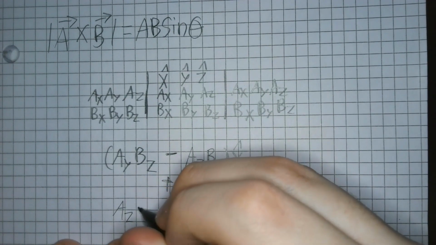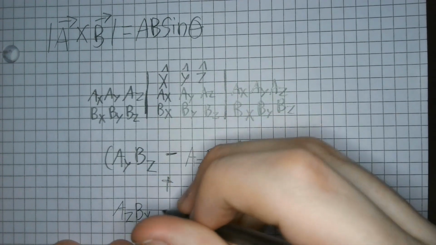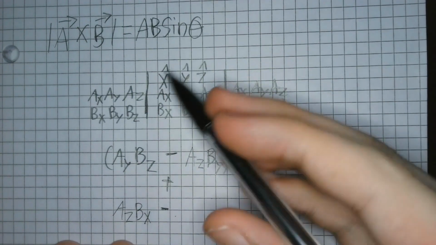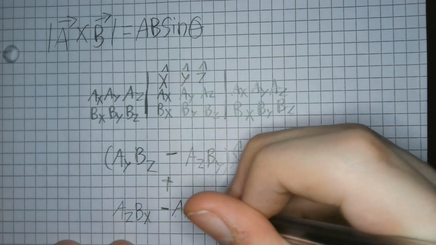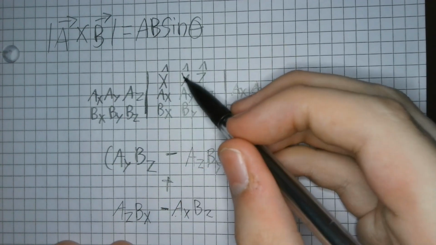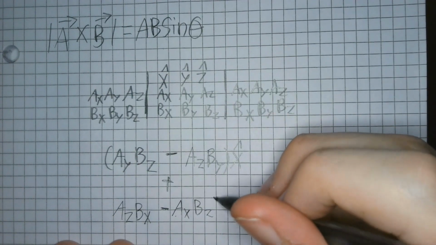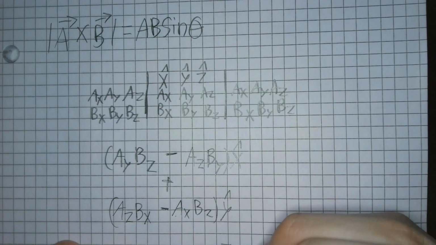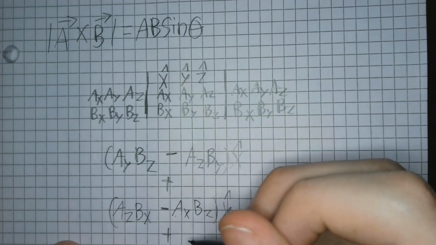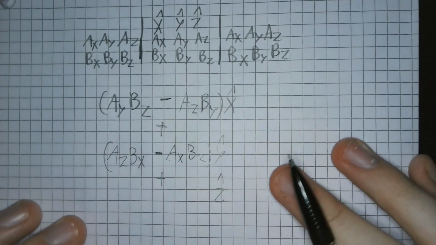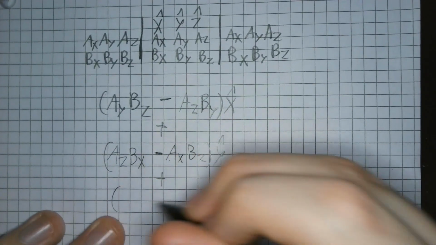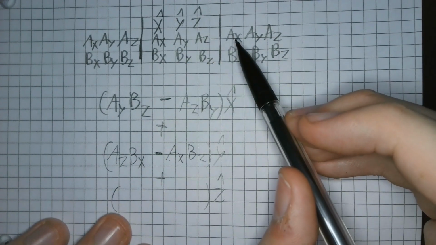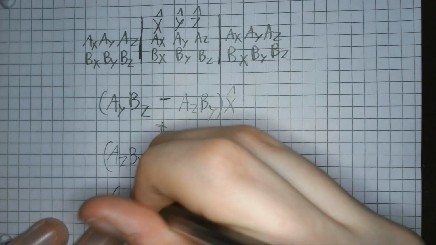A z times B x minus A x times B z. So once again, I'm just following this pattern. And now we're going to add that value to z hat, so A x, B y.